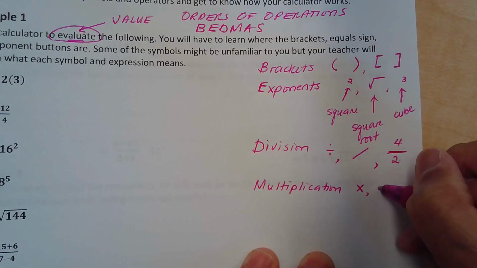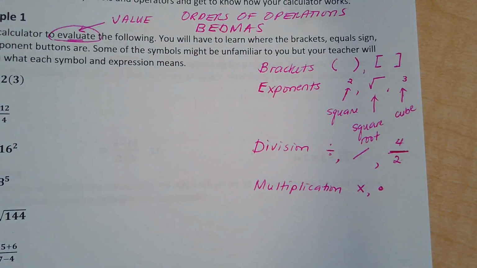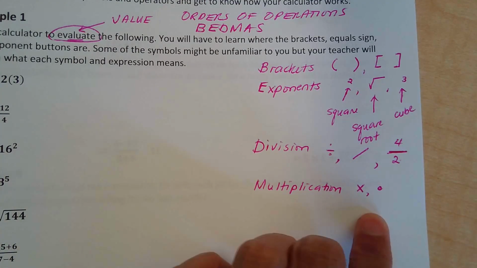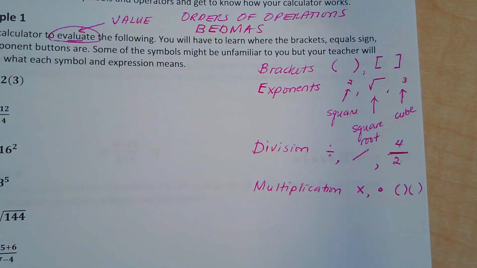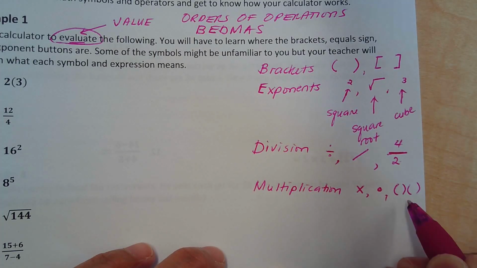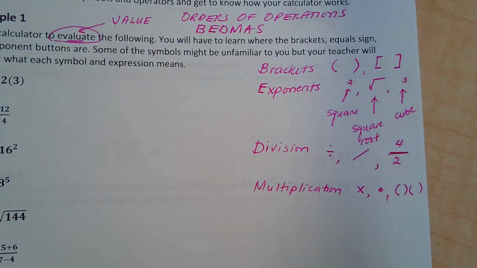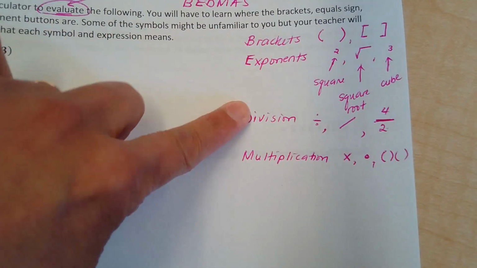It could be the dot. Yes, y to the x would be the exponents, and we can expand the exponents to repeated multiplication, certainly. Sometimes we use brackets for multiplication. We're dealing with this right now so that when we see it, we know what that looks like. So it could be an X, it could be just the dot, or it could be the brackets that show multiplication. So we have brackets, exponents, division, multiplication.